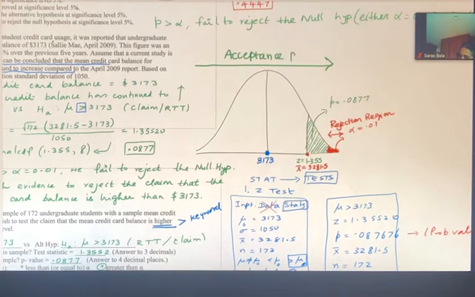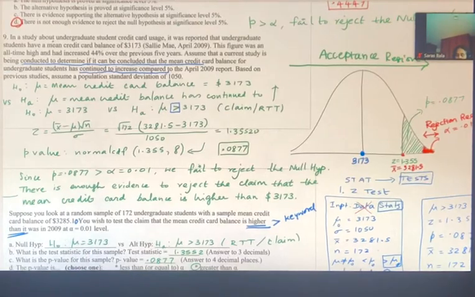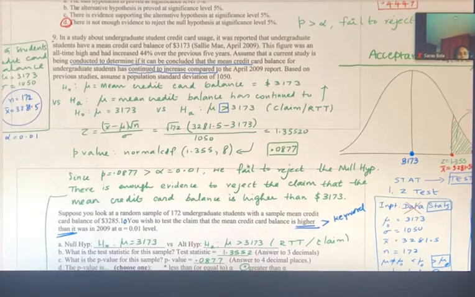Since my probability value is pretty strong, I would not reject my null hypothesis, so I would write fail to reject the null hypothesis. Fail to reject is the same as keeping the null hypothesis.